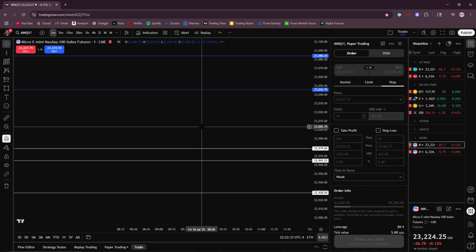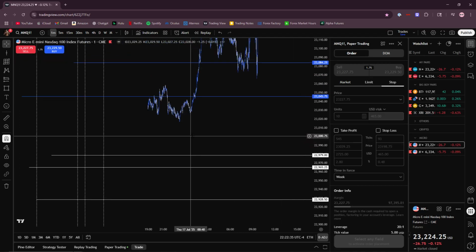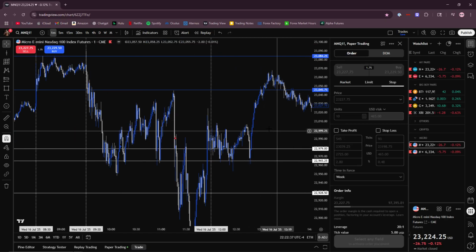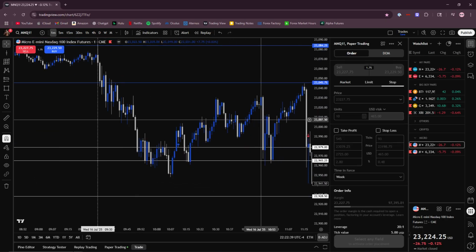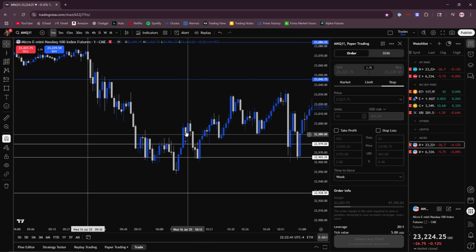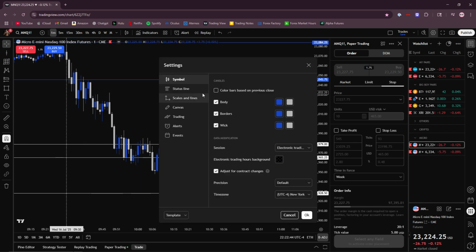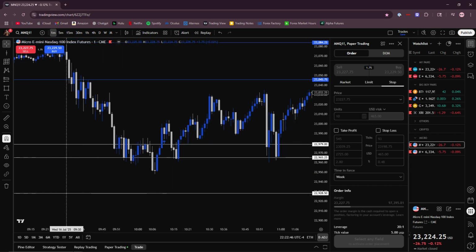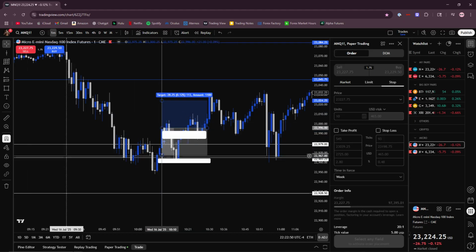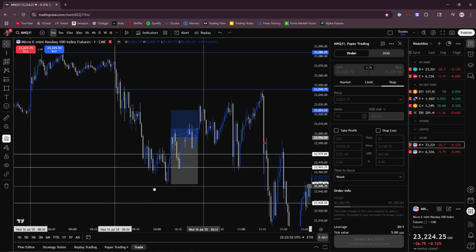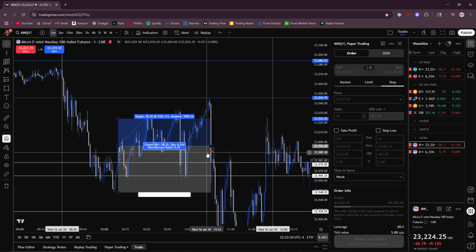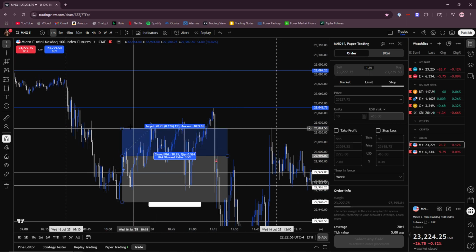Okay, so the 1 minute break of structure was right here. Our entry, right here, I'm pretty sure. It's just a little late, had to wait for the closure. But basically, we entered in right there. We had our stop loss below these lows right here, and we got stopped out right down there.